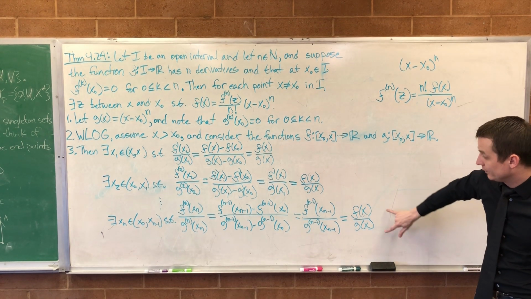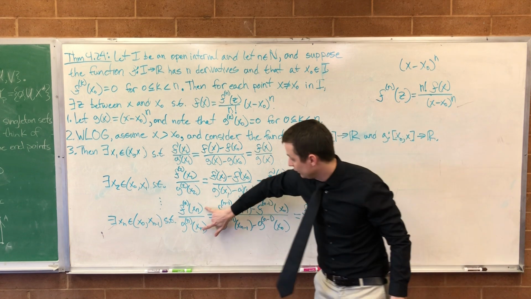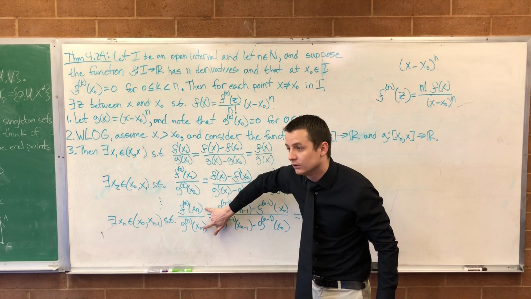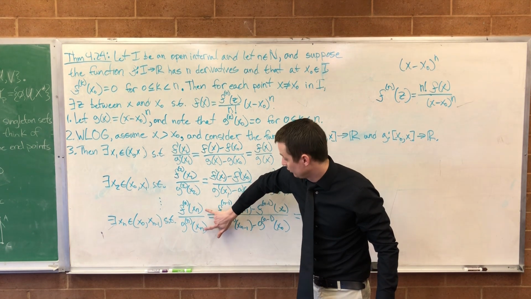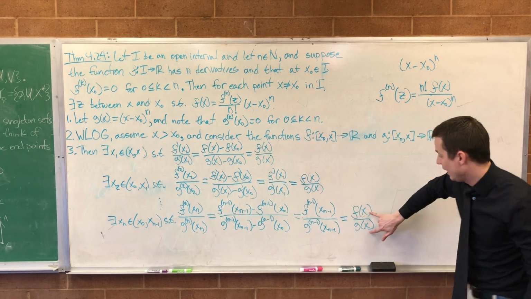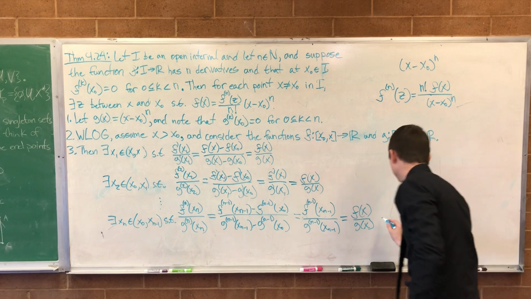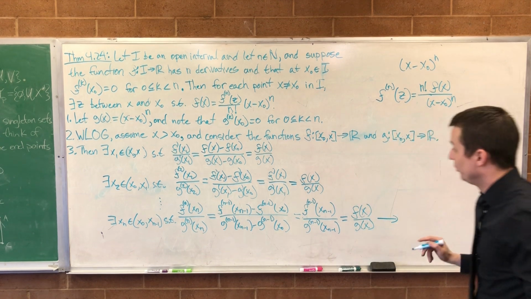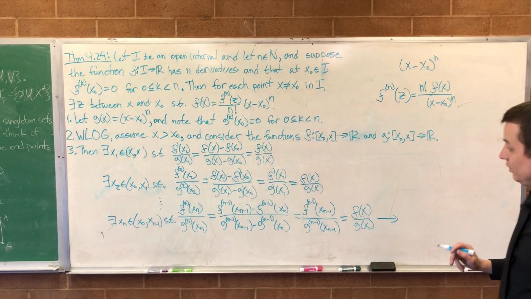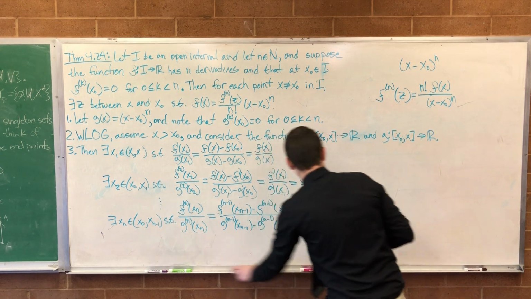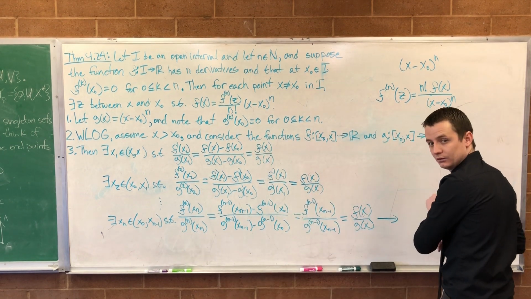But now what we care about is that f of x over g of x is equal to this thing right here. So I'm using this, and I'm going to rewrite the equation. But now I'm going to rewrite it so that this thing is in the numerator of this.